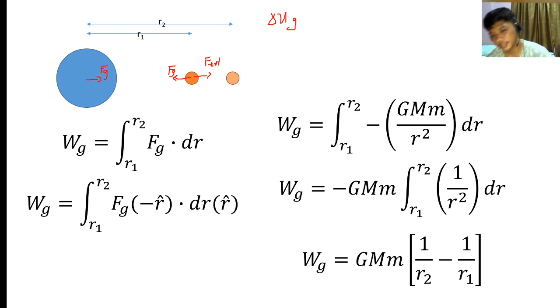Where was I? Yeah, the radial unit vector is negative r hat for Fg because it's radially inward. But the radial unit vector for our little displacement dr is positive r hat because it's radially outward.